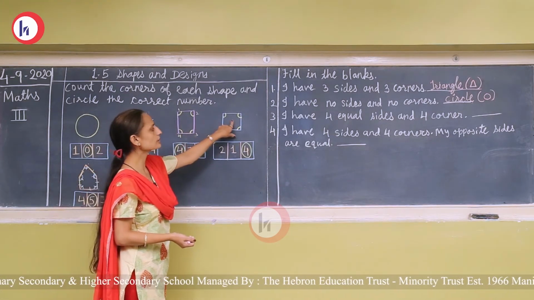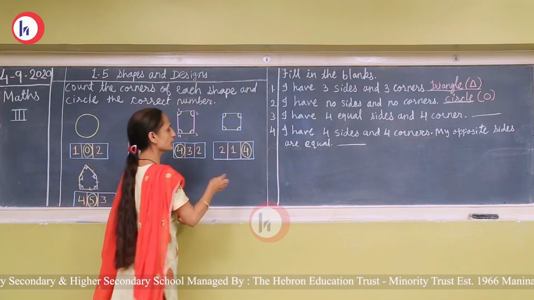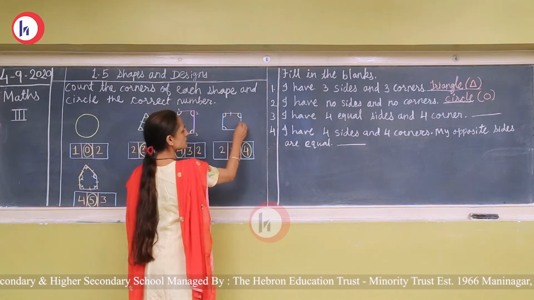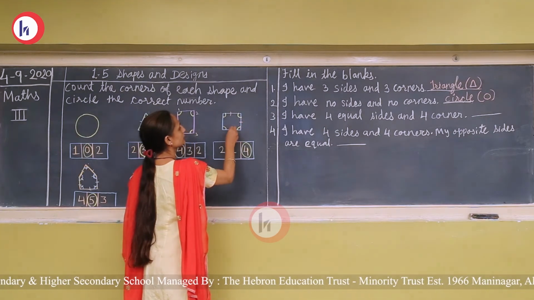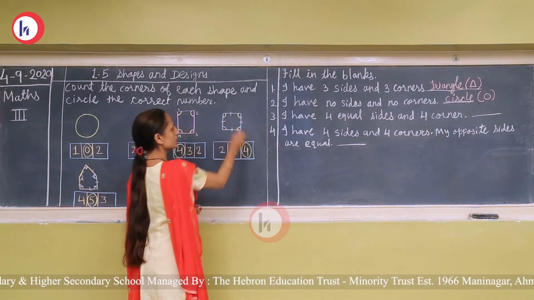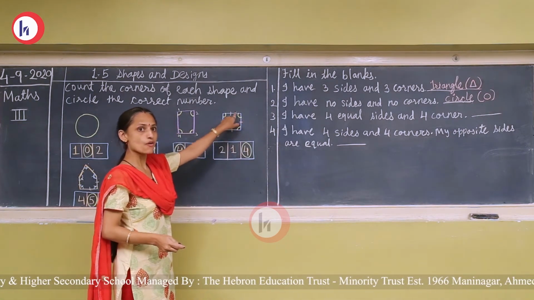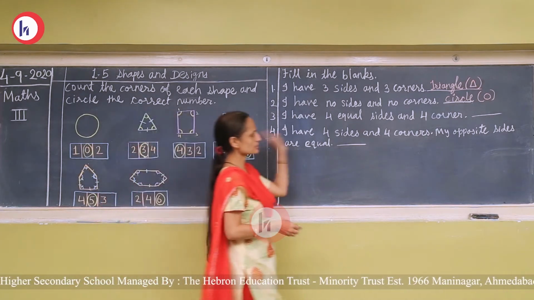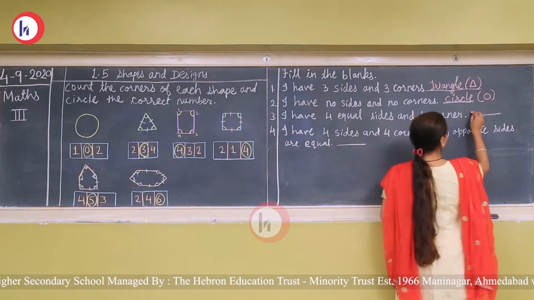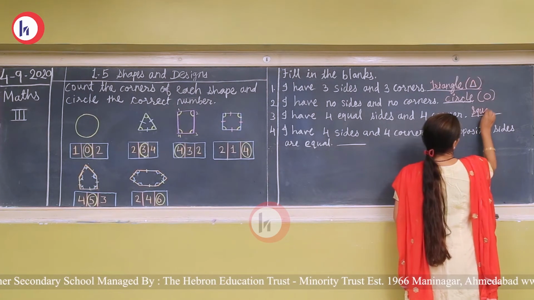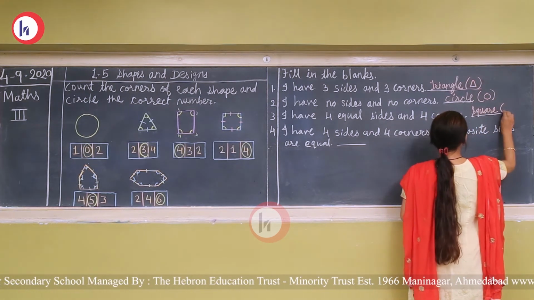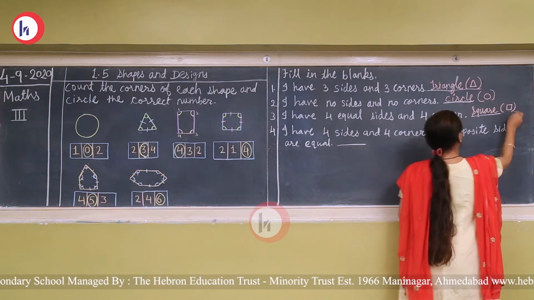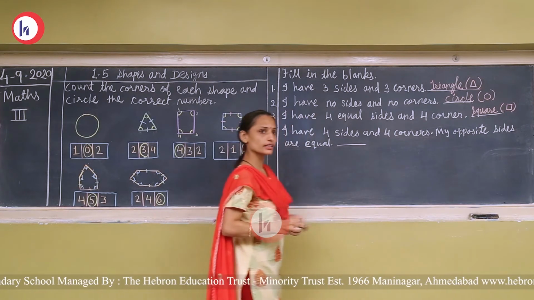No, but here all sides are equal. And now we will find out how many sides are there. See, 1 side, 2 side, 3 side, 4 side. Means square has 4 sides and 4 corners. So our answer is square. Square has 4 sides and 4 corners, and all sides are equal.